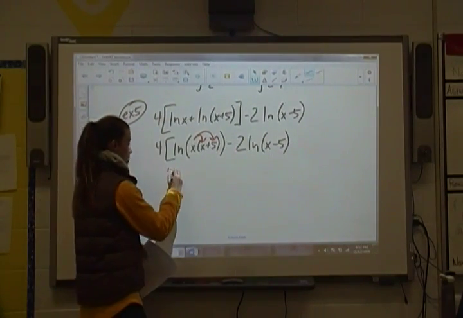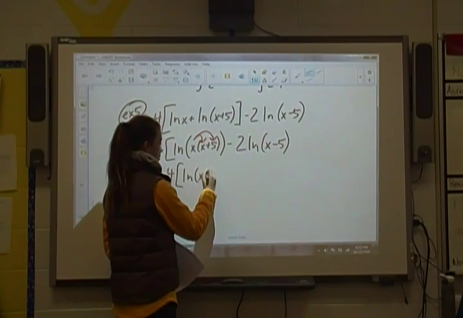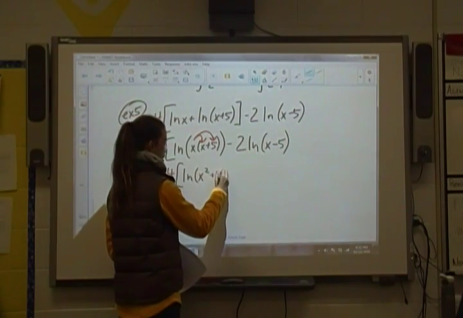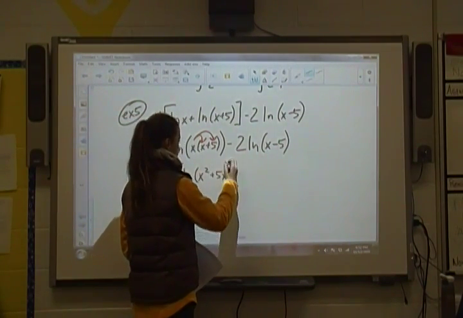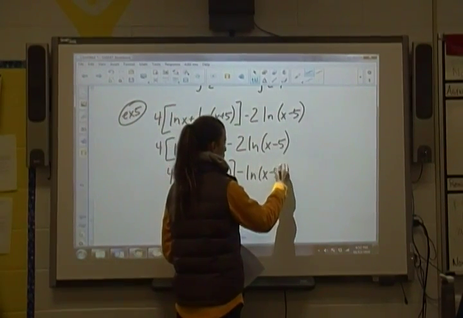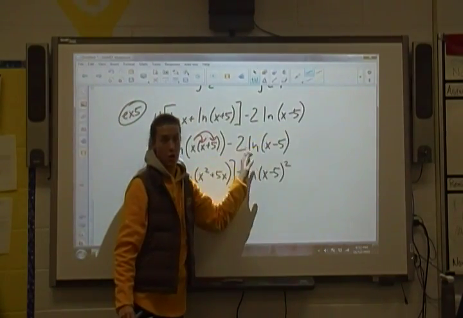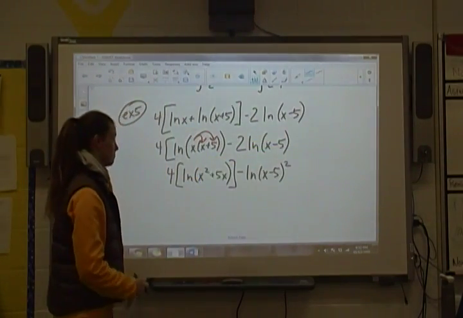So I have my 4 still on the outside, natural log of (x squared plus 5x). Close that, and then minus natural log of (x minus 5), and we're going to square that, because that 2 is coming as an exponent. My coefficients become exponents.